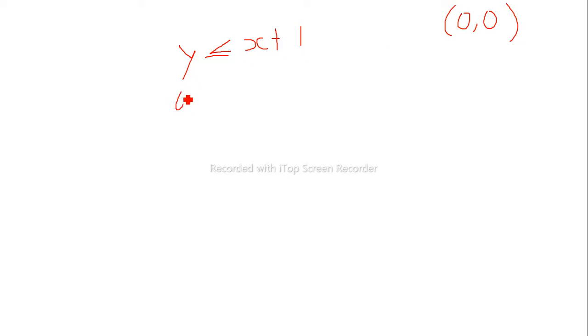So y is 0, less than or equal to, well, x is 0 plus 1. So this is going to be 0 is less than or equal to 1. Is that true?